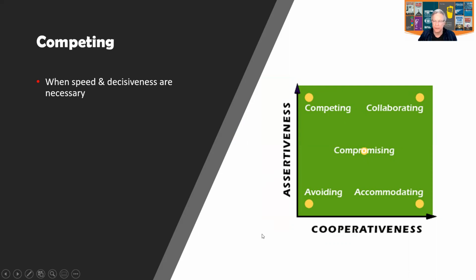Well, in certain emergency situations where you just can't afford the time to discuss issues, where speed and decisiveness are absolutely necessary, such as an emergency, you would probably just have to make a unilateral decision as a team leader without consulting your team. So in those circumstances, that would be fine.